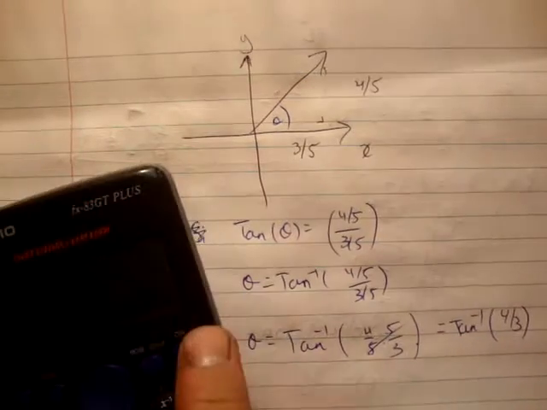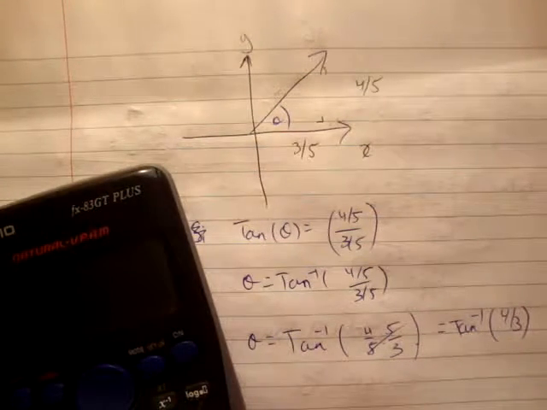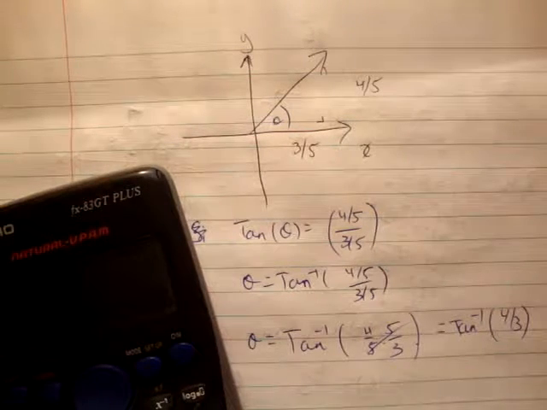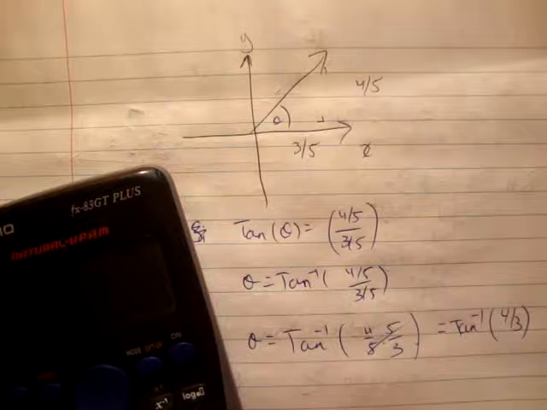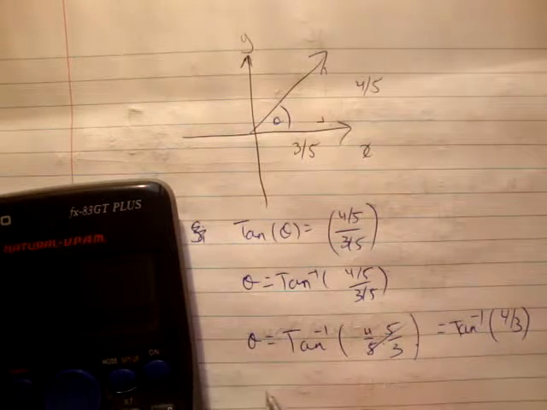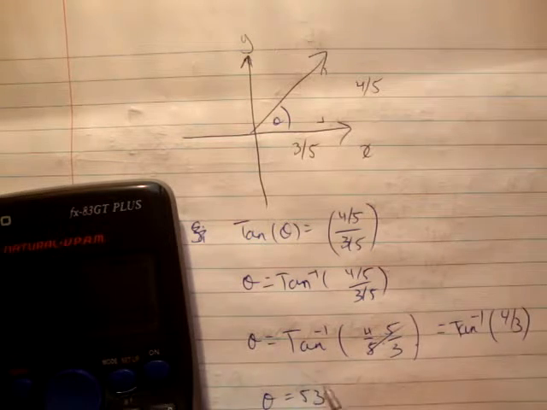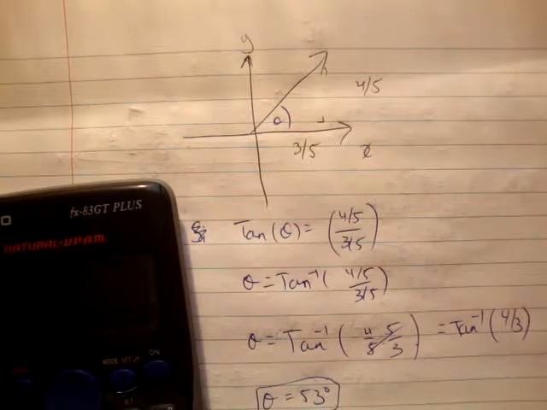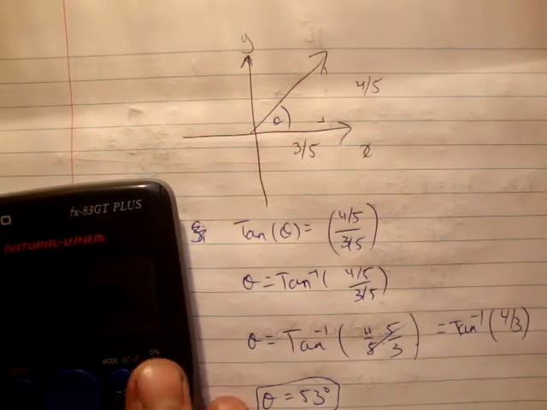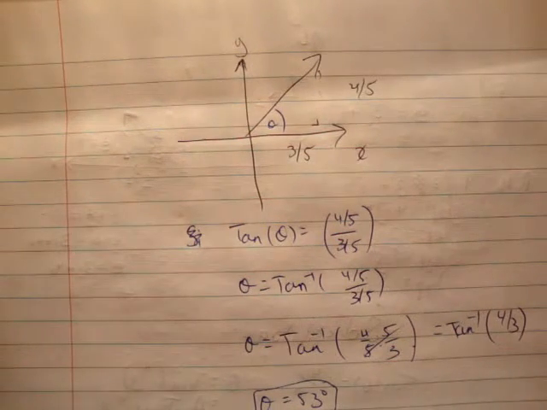Let's have a gander and see what that is. Inverse tan of 4 divided by 3 is equal to 53 degrees. So, yes, that was a question phrased very poorly, but there are any number of answers to that question.